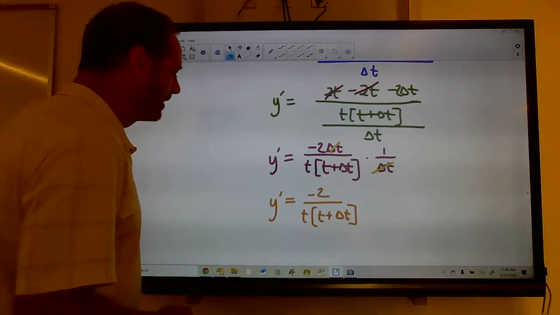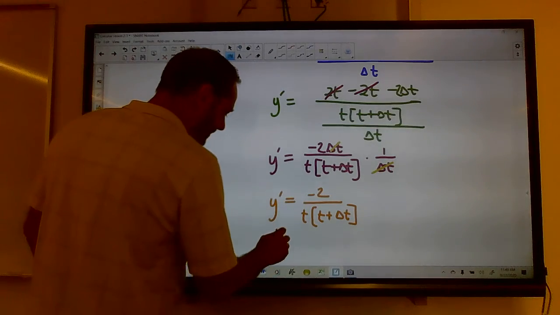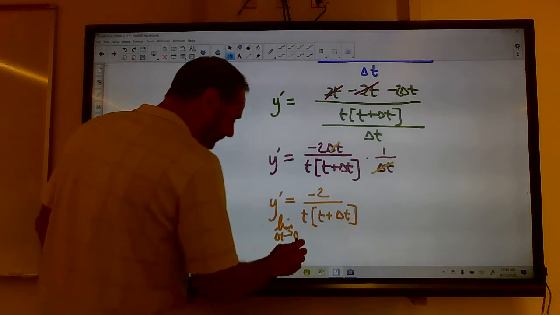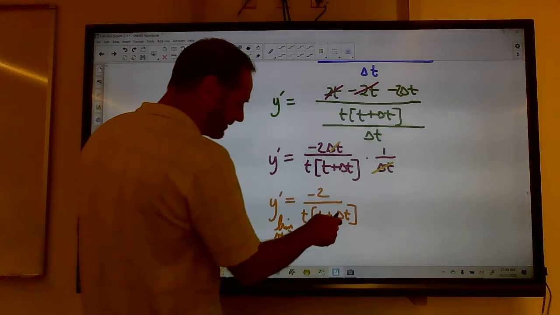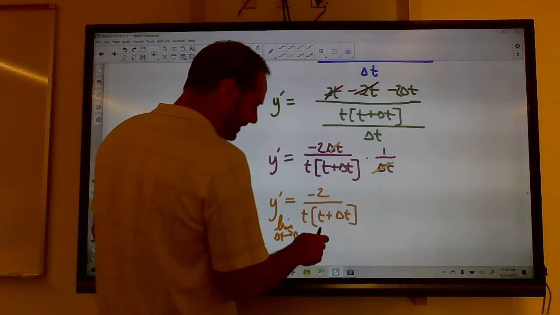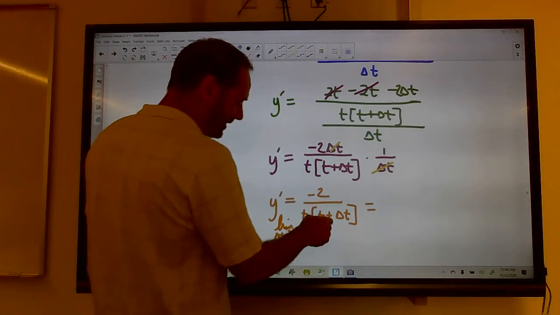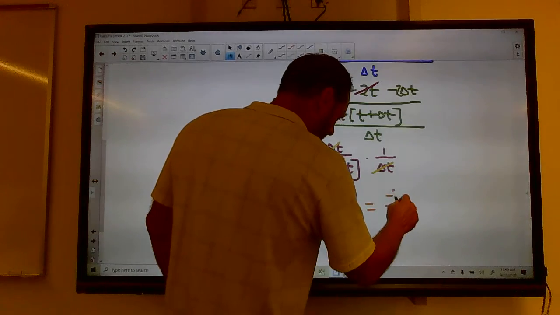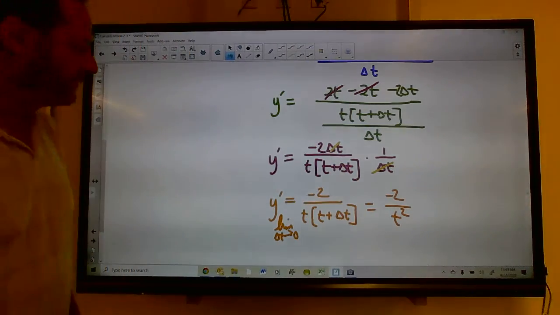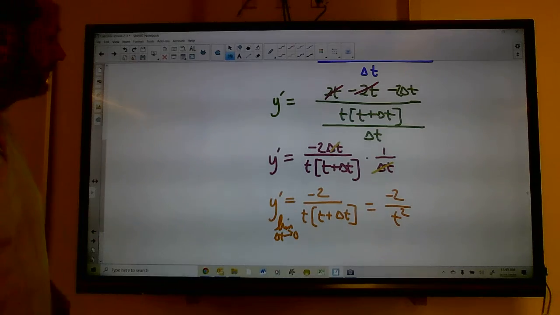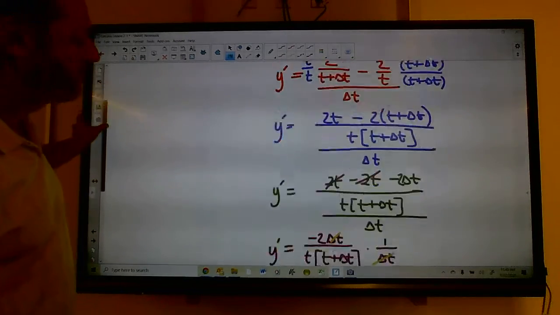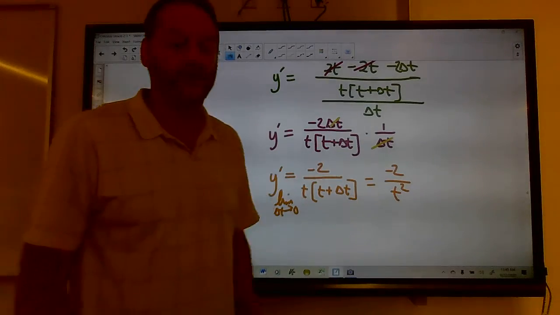Much better. So now when we take the limit as delta t goes to 0, this goes to 0. This becomes t times t, which is t squared, and the top is -2. So there is my derivative, and I can find that at any point that I want by just plugging a number in for t.